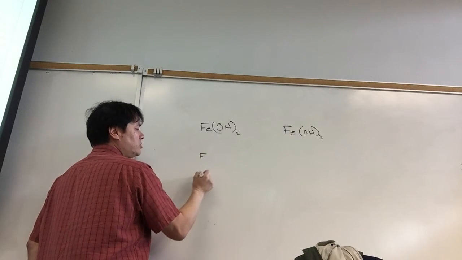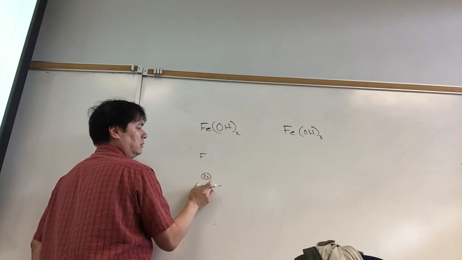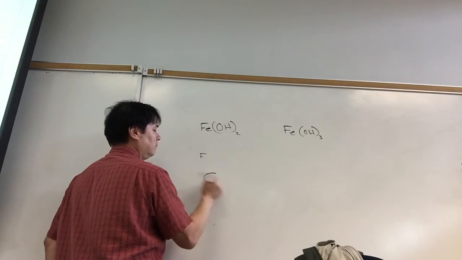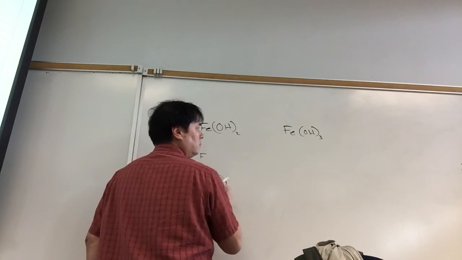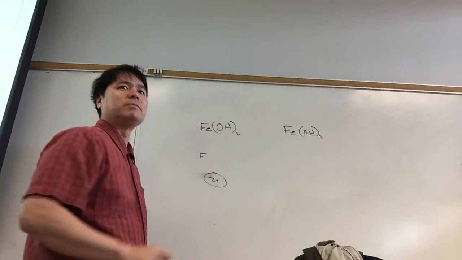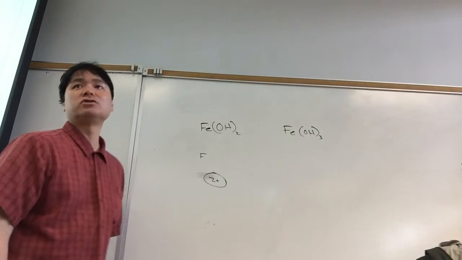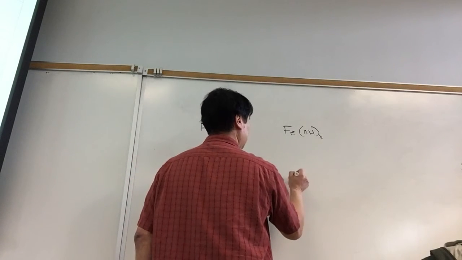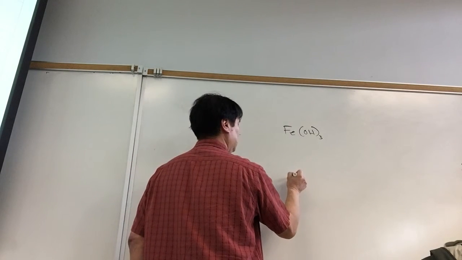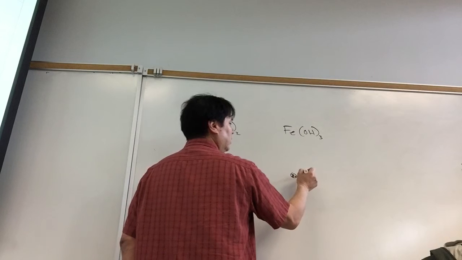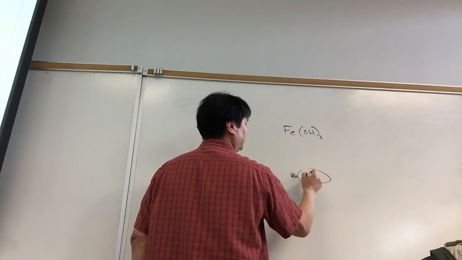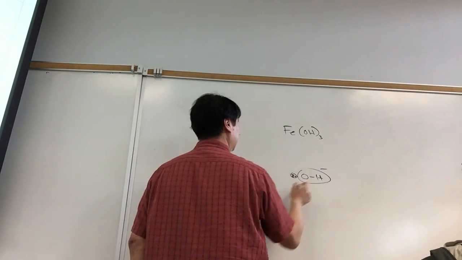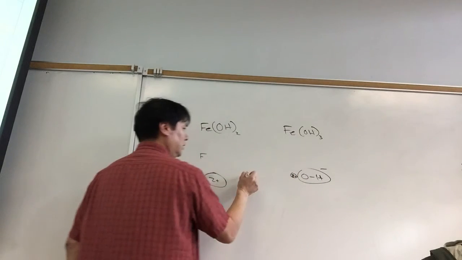And so we look, iron 2 versus iron 3. Do you know iron 3 is bigger or smaller than iron 2? It's smaller. It's got more charge. Now we got to break off a hydroxide.